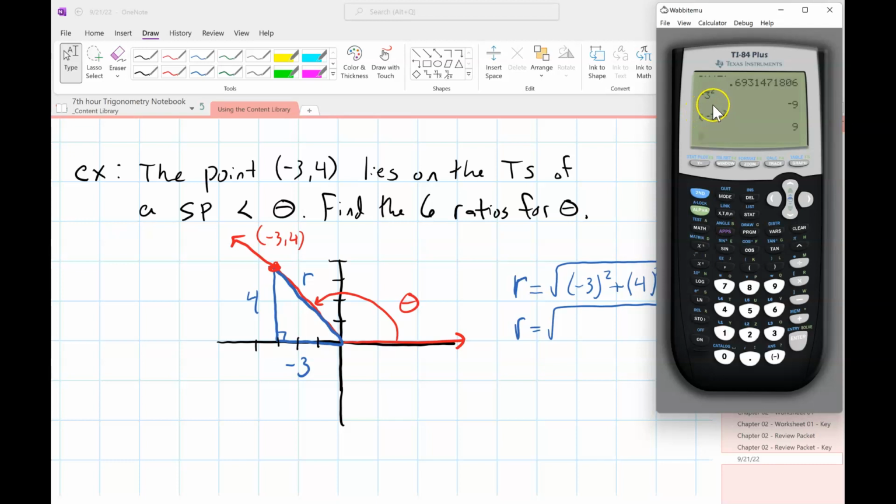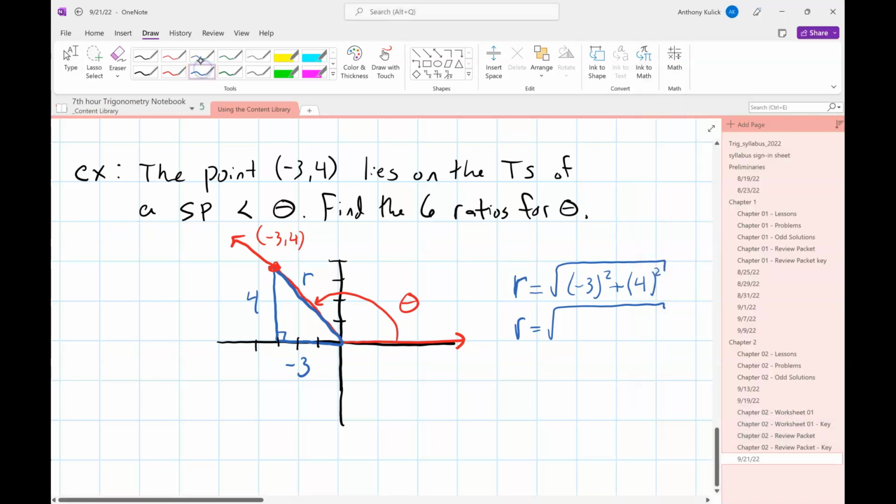You want to type it in this way where we've made the number negative and then squared it. Basically, it needs to look the same as what I write on my sheet of paper. Just as a heads up, the calculator is just going to do for you what you ask it to do, not what you mean for it to do. So if you tell it to do the wrong thing, it's just going to do the wrong thing on you.